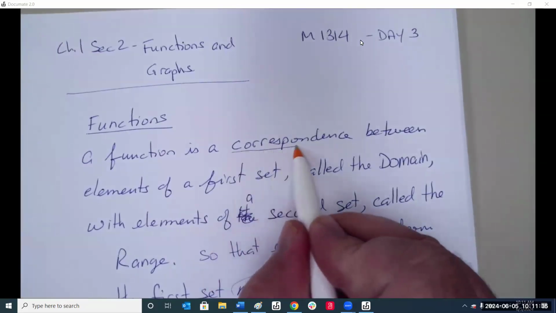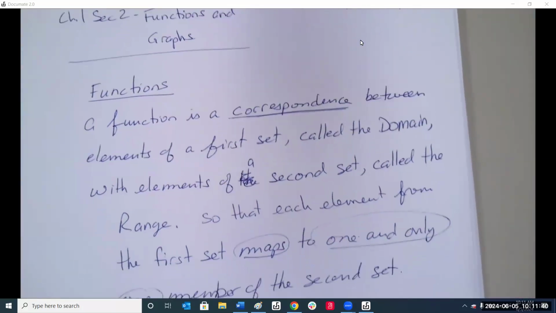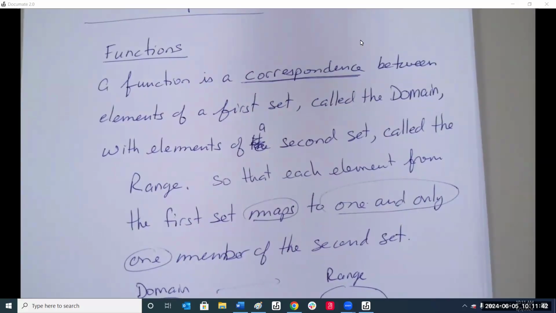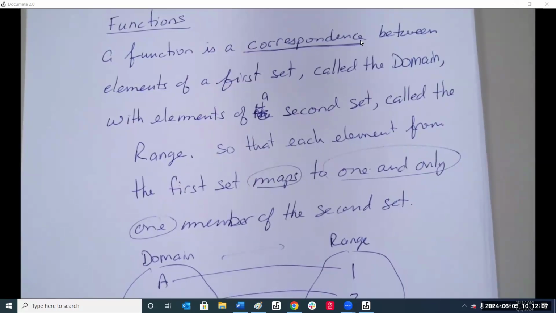The reason they use the word correspondence between elements of the first and second: in the old days, what is correspondence? What do they refer to when they talk about correspondence? Mail, exactly. Mail is still referred to as correspondence. If I write a letter, can I send that same letter to more than one person?